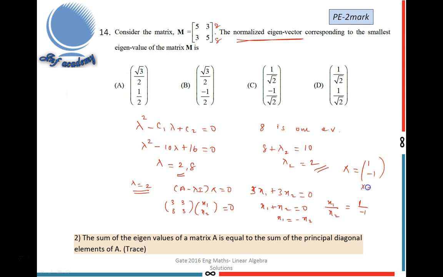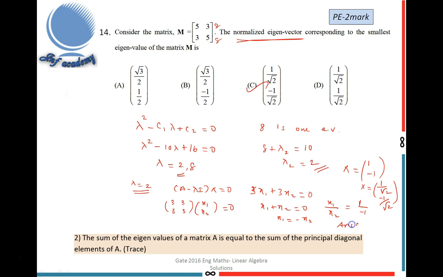So the normalized eigenvector is 1 by root of 1 square plus minus 1 whole square, that is root 2, and minus 1 by root of 1 square plus minus 1 whole square, that is root 2. So the normalized eigenvector is x equal to 1 by root 2 and minus 1 by root 2. I think option C is correct. Option C is the correct answer.